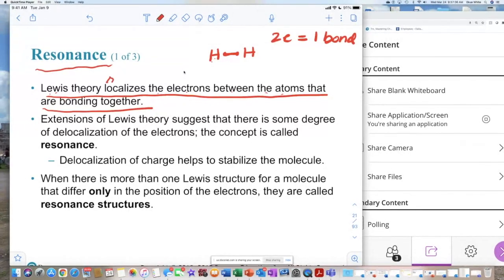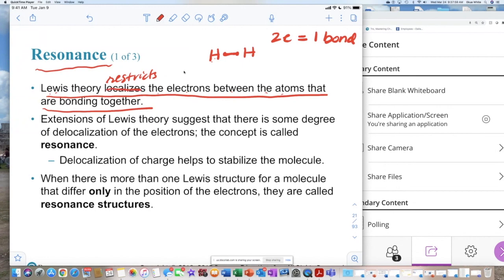Lewis's theory restricts the electrons between atoms that are bonded together. So the bonded electrons are restricted between the two hydrogens. They can't be anywhere else because they're the glue that holds the two hydrogens together, right? So when they say localizes, they kind of mean restrict.